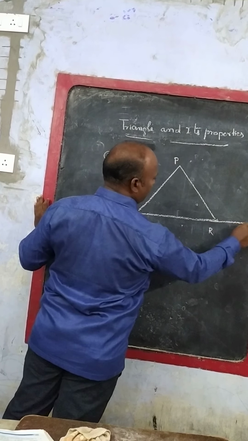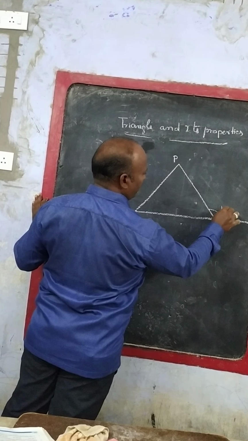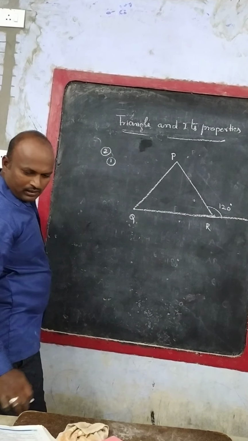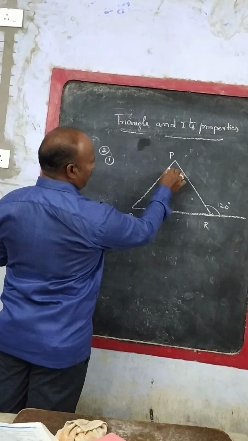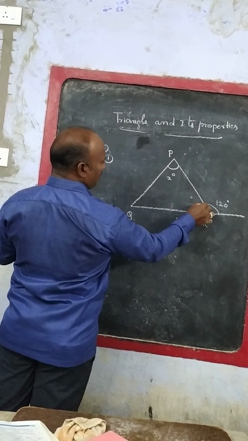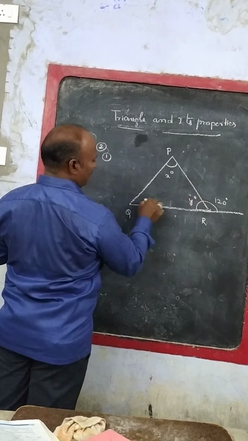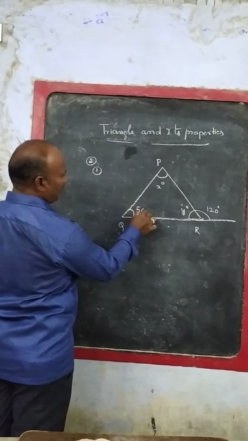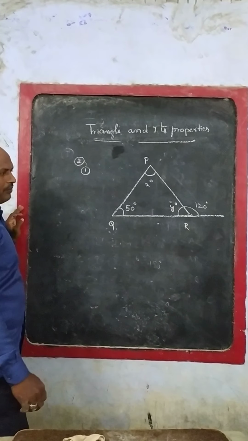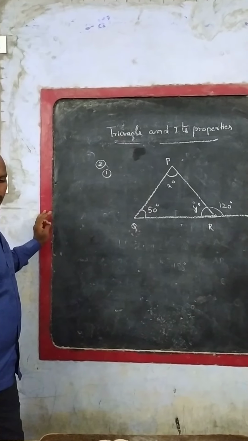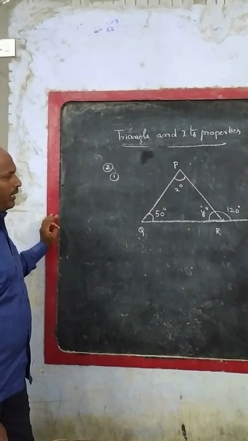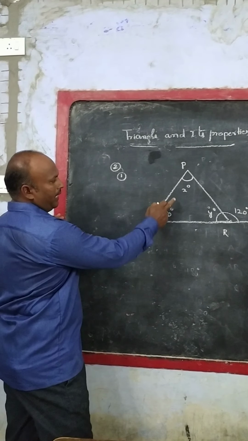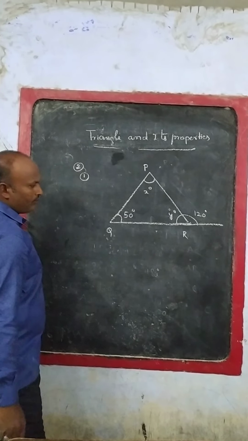R is extended. Here the exterior angle is 120 degrees. Angle P is x degrees. This is y degrees. Here angle Q is 50 degrees. So we have to find x degrees and y degrees.